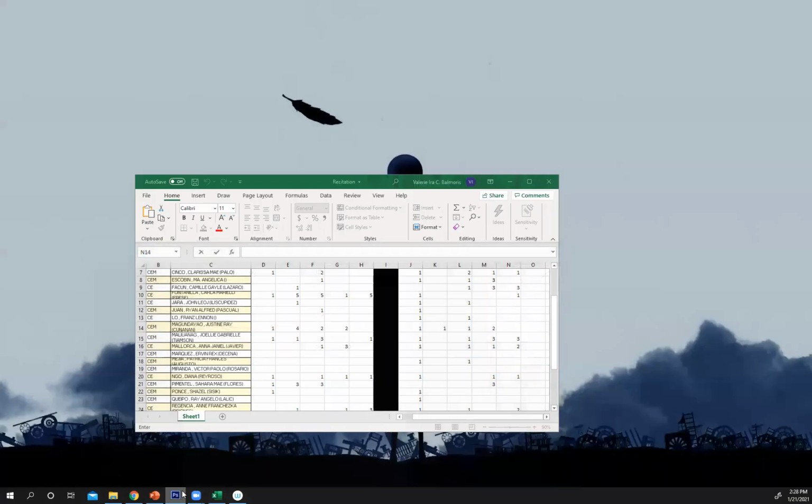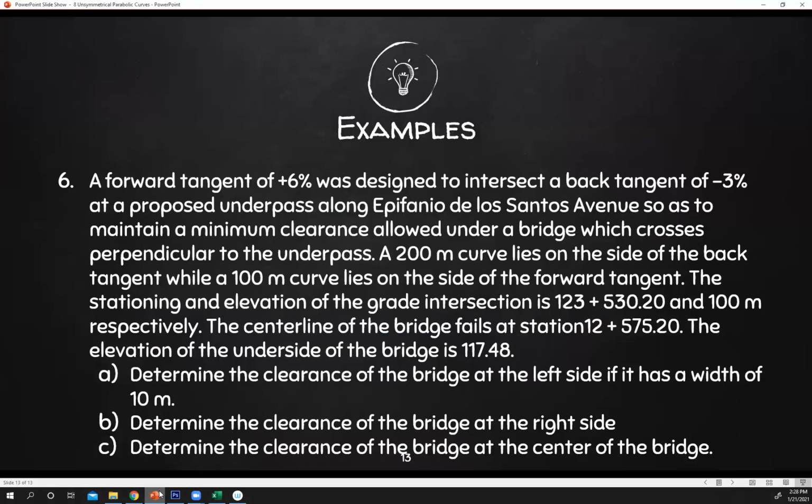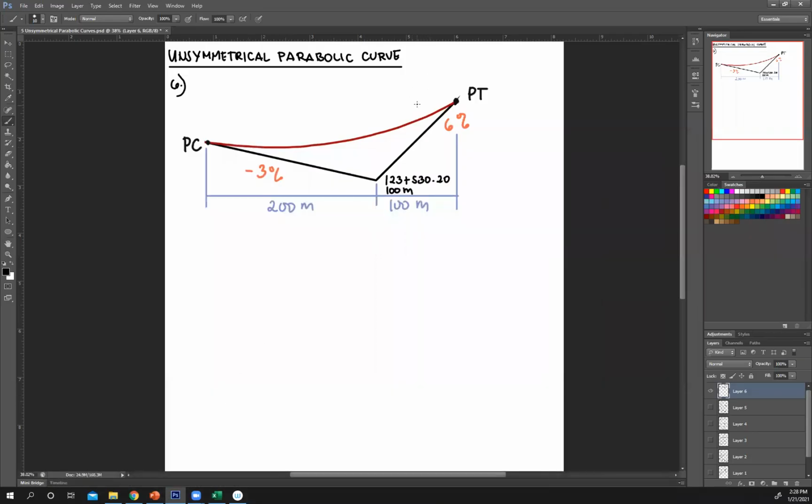Then there's a center line of your bridge. It's at station 12 plus 575, so meaning it's at the right side. Oh, I guess that was 12 plus 530, not 123. Let me retype.